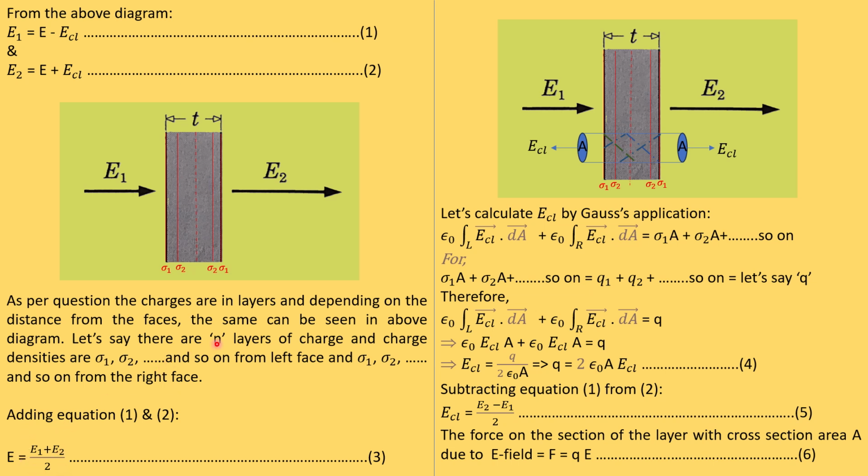What is being asked in question? To find out the force per unit area on this charge layer due to the initial E field. When this charge layer was not there, E uniform field was present. So that force will be, if the total charge on this charge layer was Q, then Q into E will be the force.